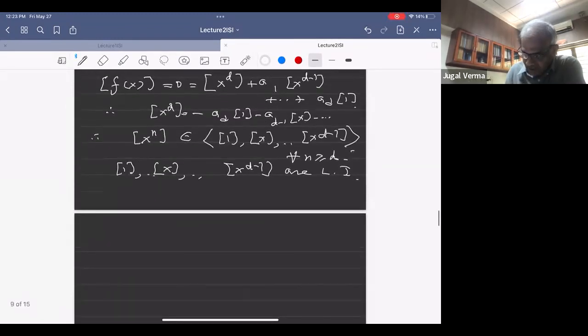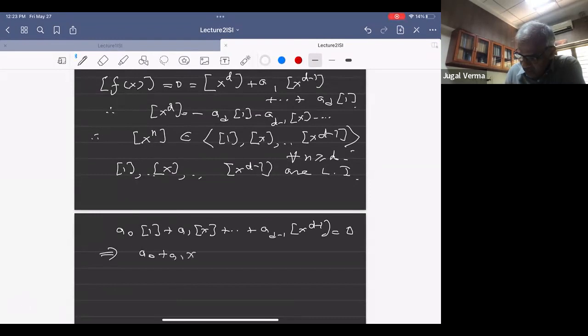So if I take a linear combination of them which gives me 0, suppose this is 0, this means a0 plus a1 x plus ... plus a(d-1) x^(d-1), this residue class is 0, but that means this polynomial belongs to the ideal generated by f(x).